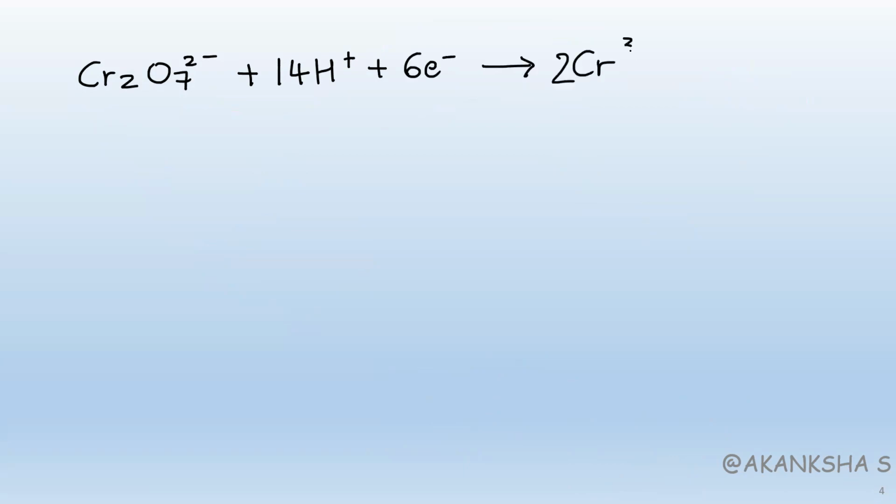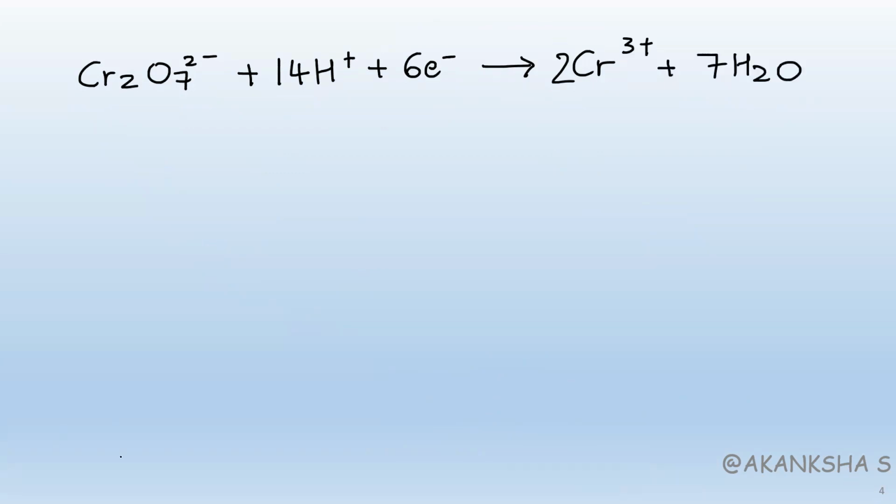For example, for acidic medium you might have written Cr2O7 2 minus plus 14 protons plus 6 electrons giving you 2 times chromium oxidation state 3 plus 7H2O.